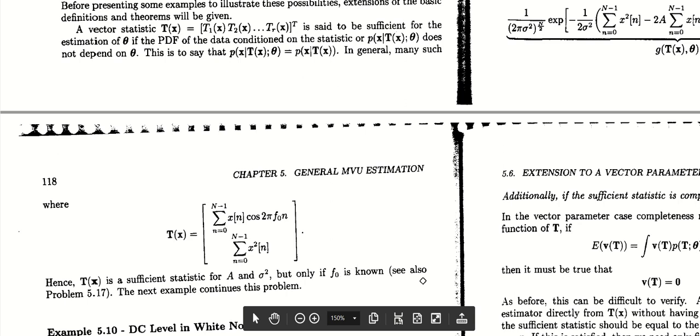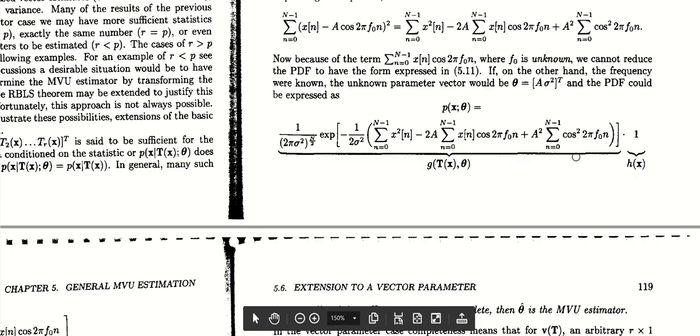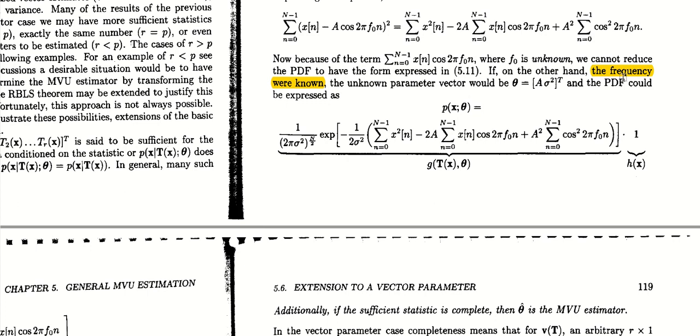Okay, so in other words, if f0 is known, notice this sentence: if the frequency is known, the unknown parameter will only be A and sigma square. F0 is not unknown. Okay, F0 is a constant. Then the PDF is placed in this way.